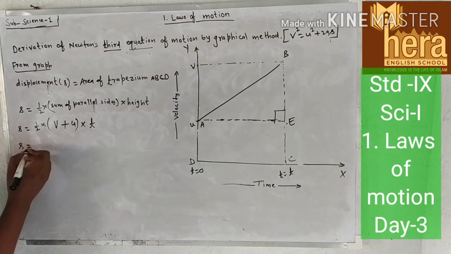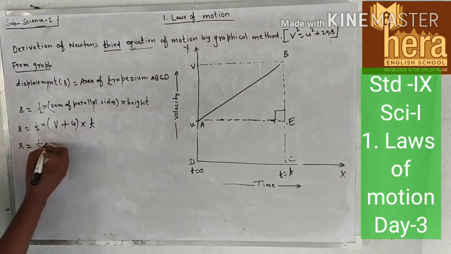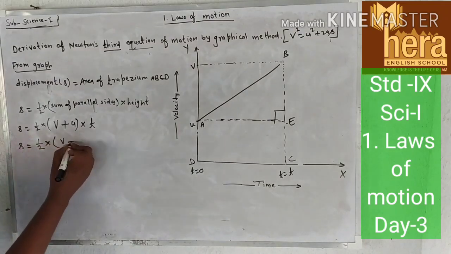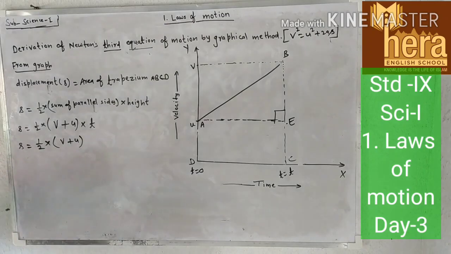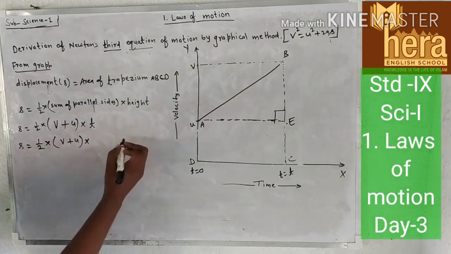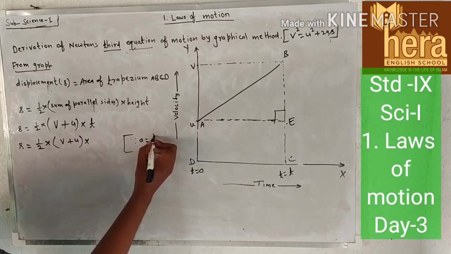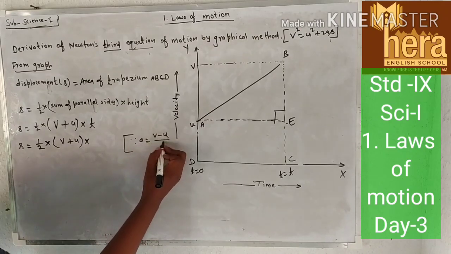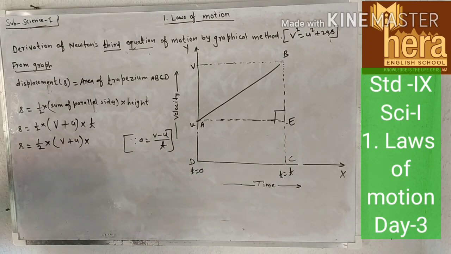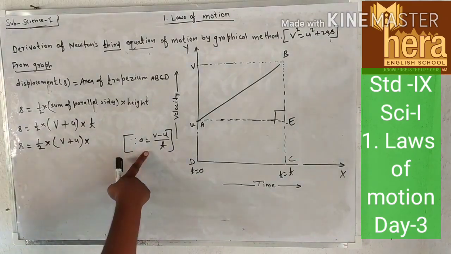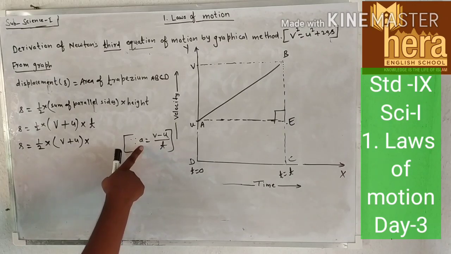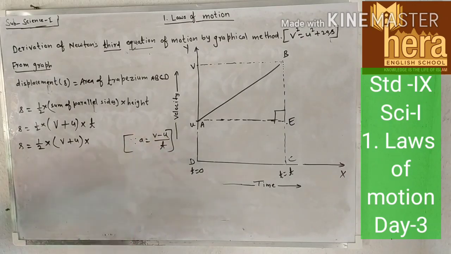So S will be equal to 1 upon 2 into V plus U. In place of t we can write, since from Newton's first equation of motion, acceleration a is equal to V minus U upon t.